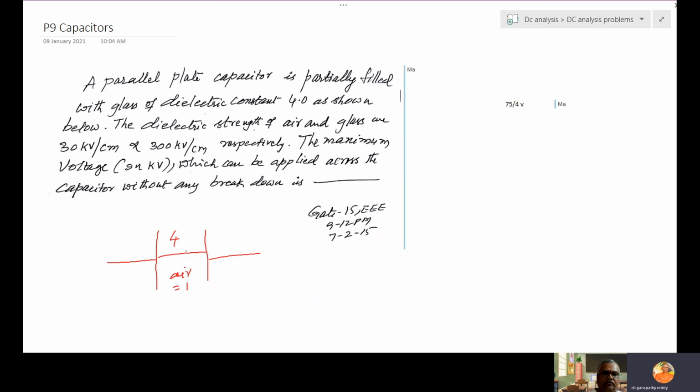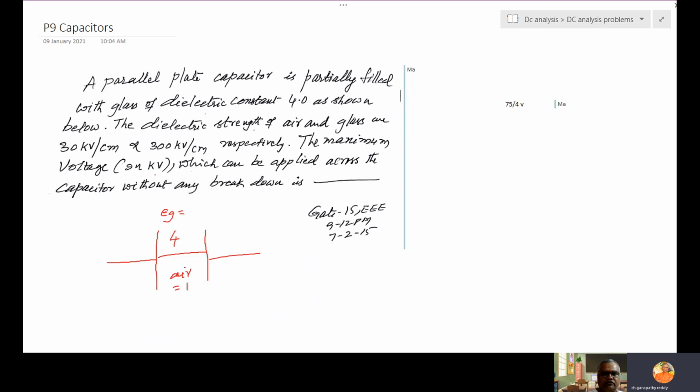Air dielectric constant is 1 and glass dielectric constant is 4. So they are connected like this. This is the circuit already given in the problem.